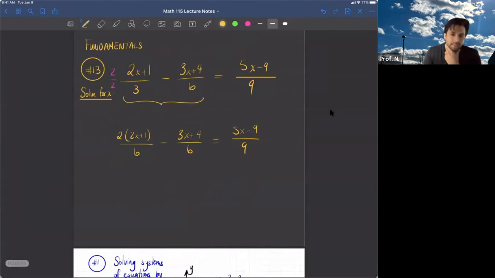Now that I have the same denominators, I can combine the numerators and distribute. This becomes 4x plus 2 minus (3x plus 4), all divided by 6.